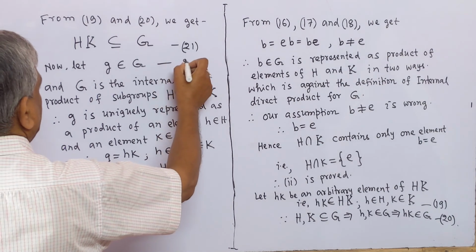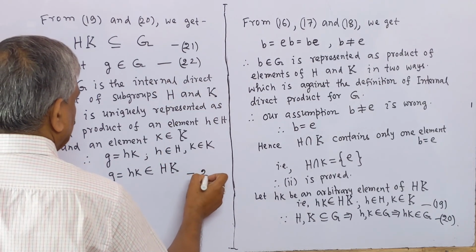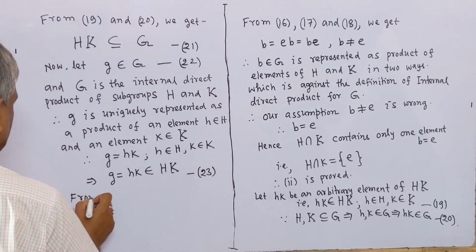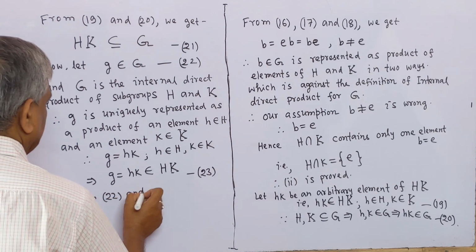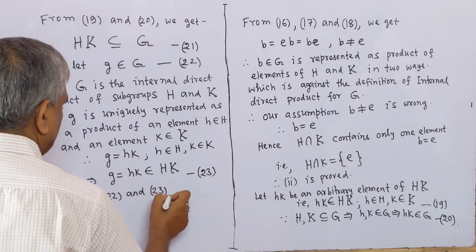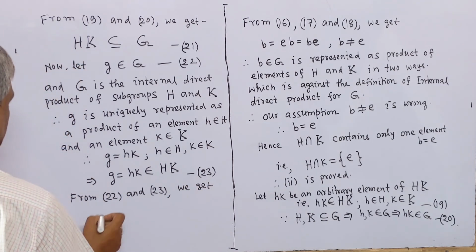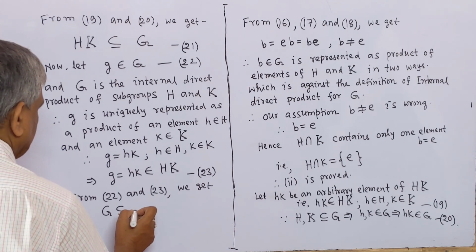This is number 22 and this is number 23. From 22 and 23, we get G is a subset of HK.